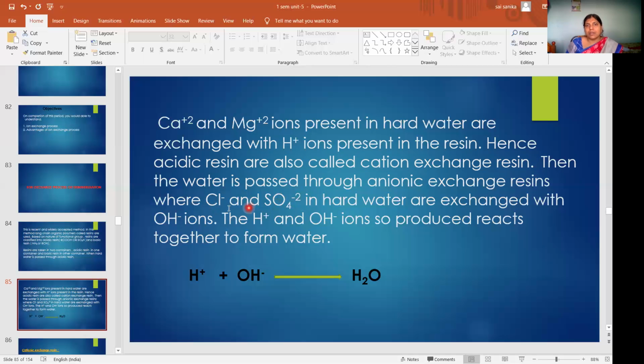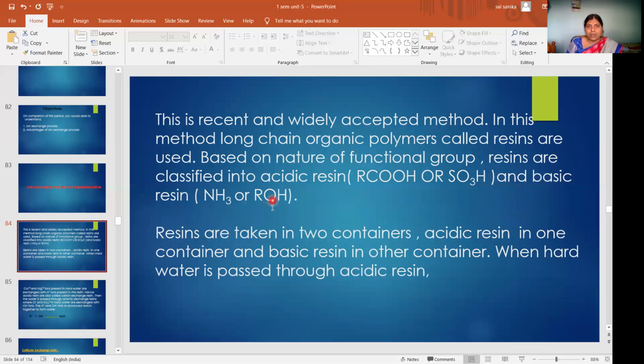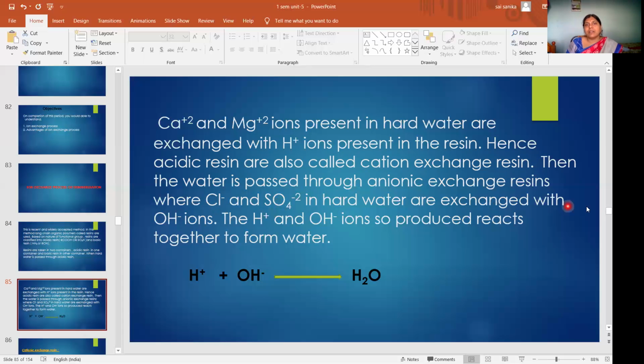So the chloride and sulfate ions present in hard water are exchanged with OH minus ions present in the basic resin. So here what is the resin we are taking? ROH or RNH3. If it is RNH3, it will exchange with NH3; if it is ROH, it will exchange with OH minus ion. That means the basic resin will take these anions and liberate OH minus ions.